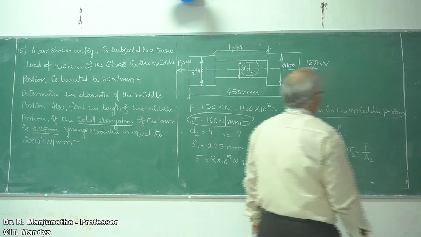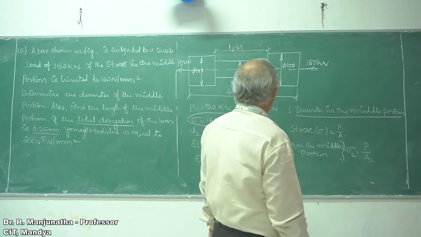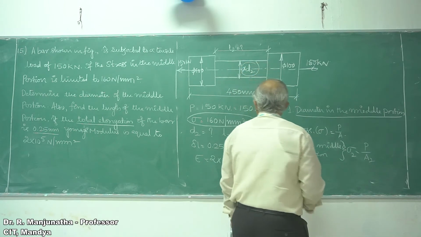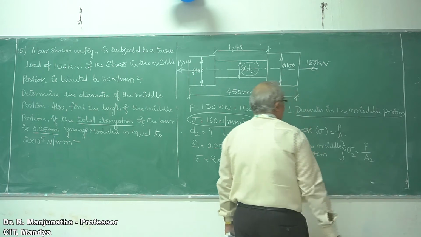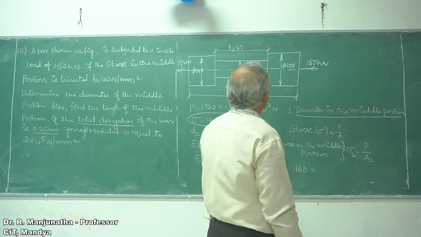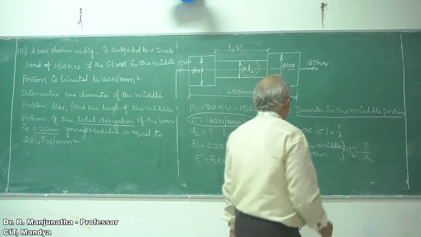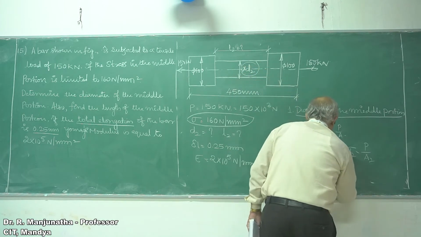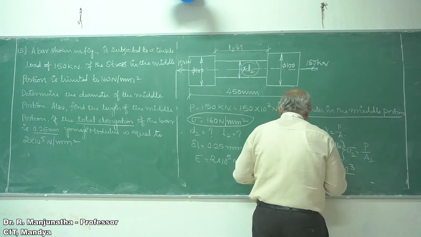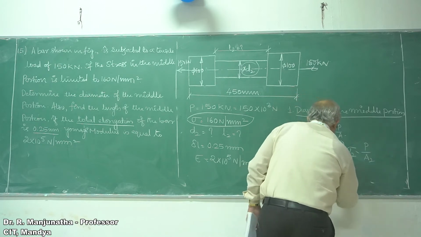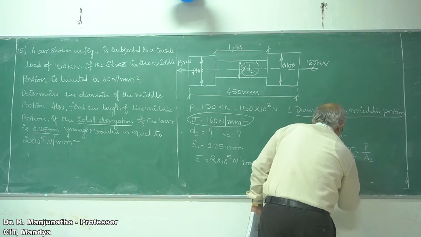So sigma 2 is 160 Newton per mm square, which will be equal to P, given as 150 into 10 to the power of 3, divided by the area of cross section, which is pi by 4 into d2 square.